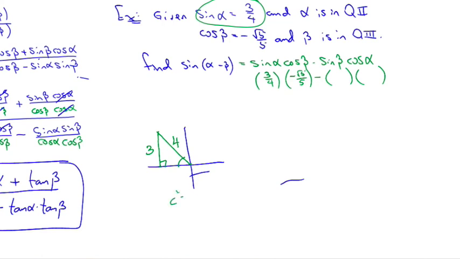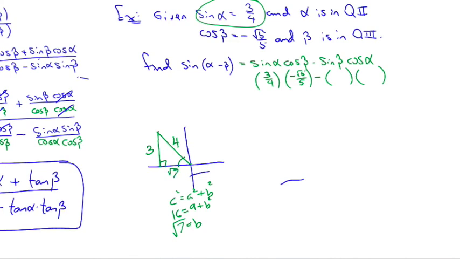C squared equals A squared plus B squared. C is 4, so C squared is 16. A squared is 9, plus B squared. 16 minus 9 is 7. So B is the square root of 7.